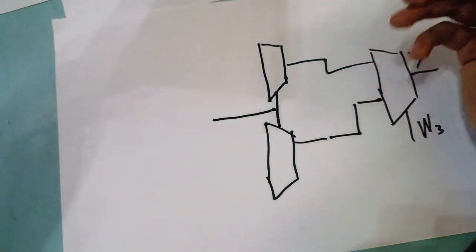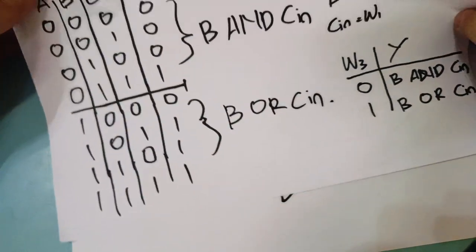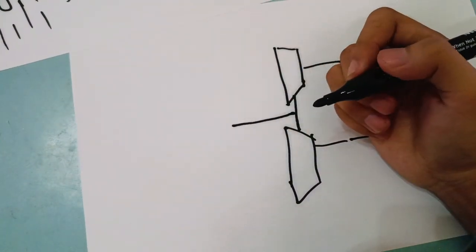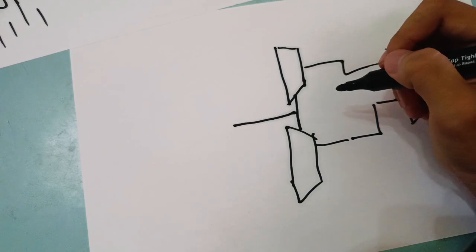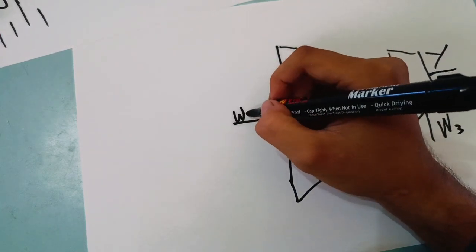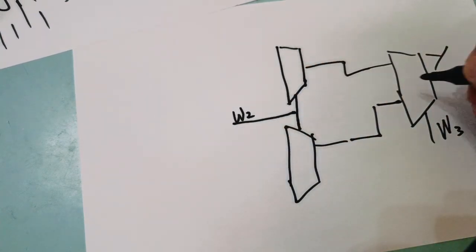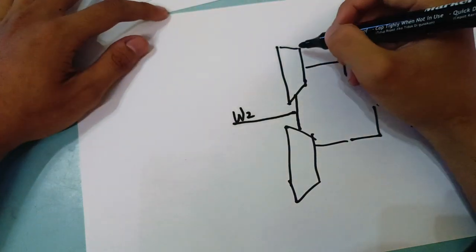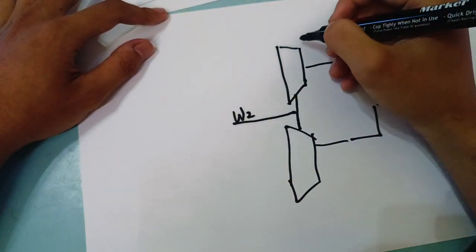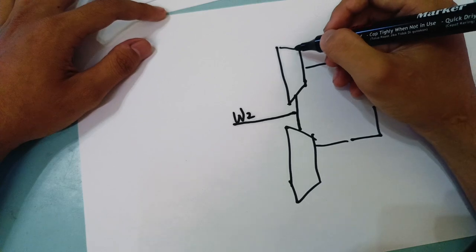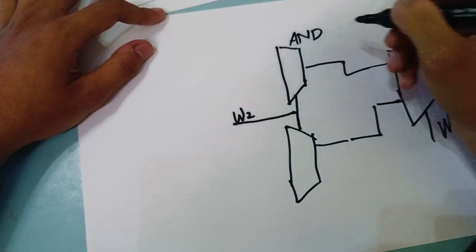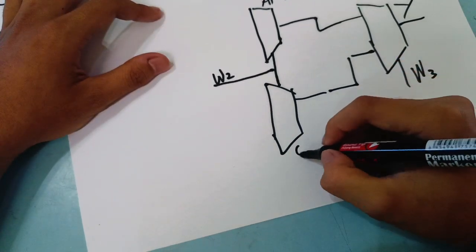And from this table, let's use B as the selector. So as we know, we change B into W2, and then from here we know that this multiplexer is an implementation of an AND gate, and this will be an OR gate.